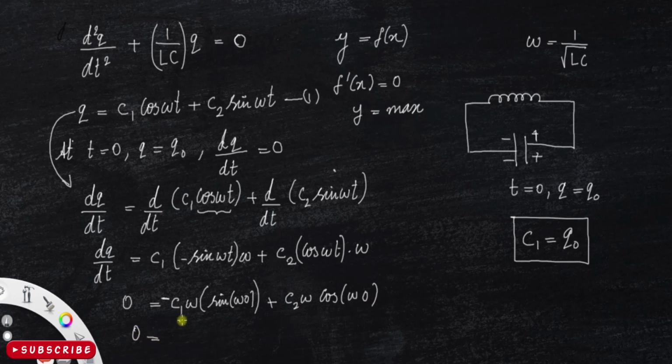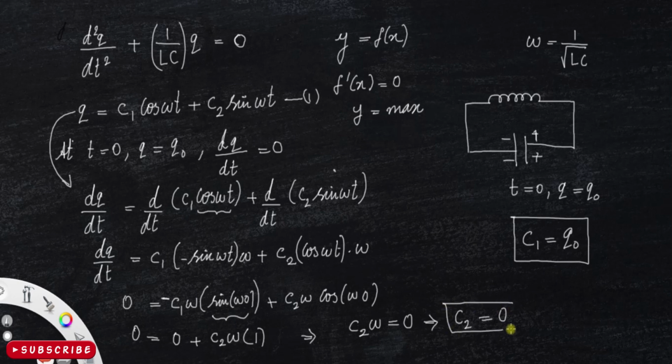This first term becomes 0 because sin 0 is 0, plus c2 omega into cos 0, which is 1, which gives c2 omega equal to 0, implying c2 equal to 0, since omega cannot be 0. So we have c1 equal to q0 and c2 equal to 0.